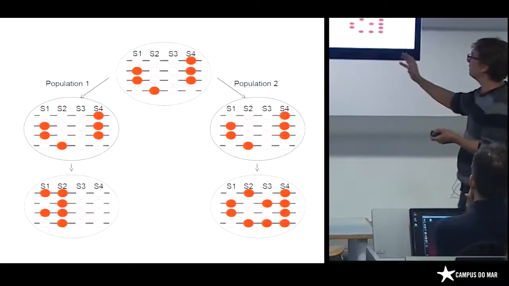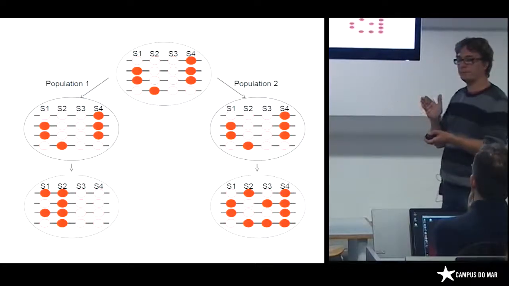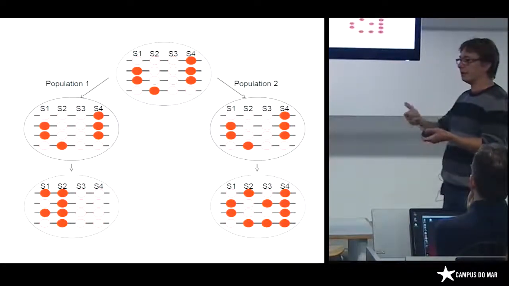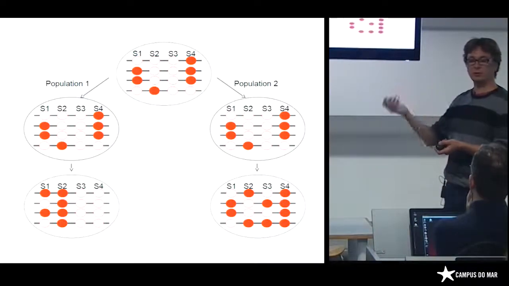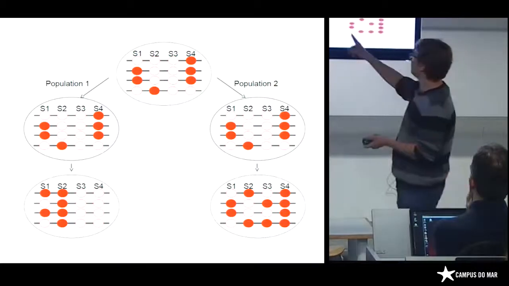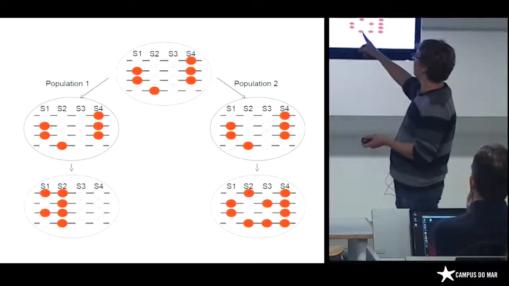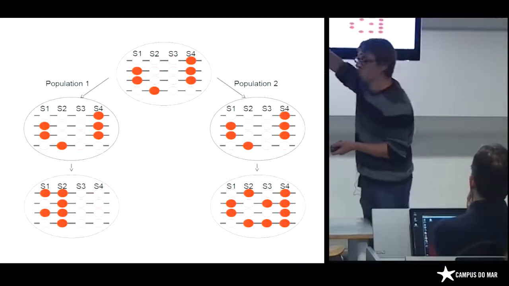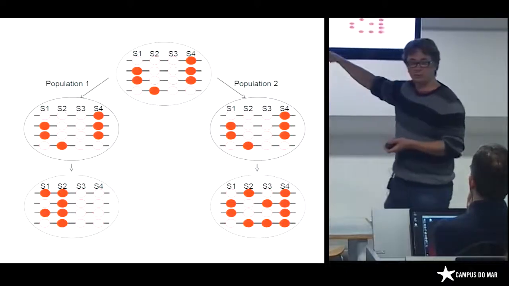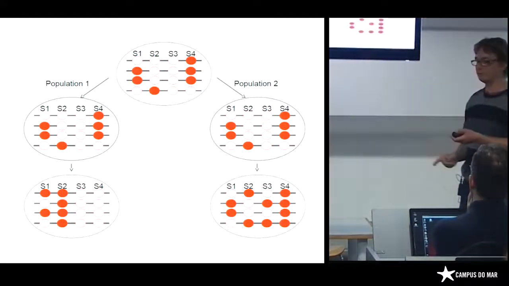So basically, these 3 kinds of polymorphisms are the data we are using to reconstruct the history of gene flow: shared polymorphism, polymorphism in population 2, polymorphism in population 1 only, and fixed differences between populations.